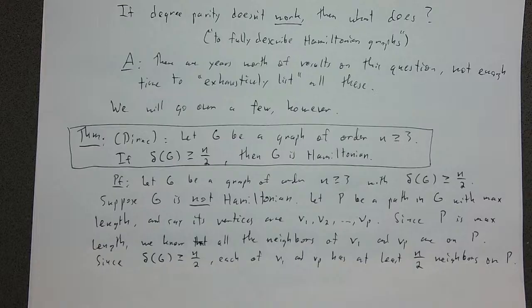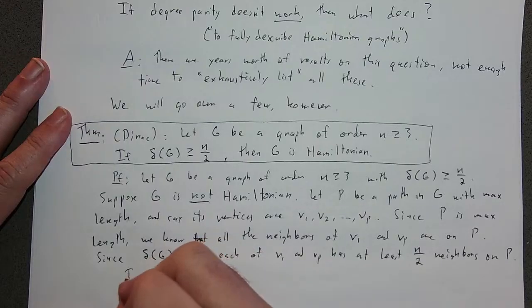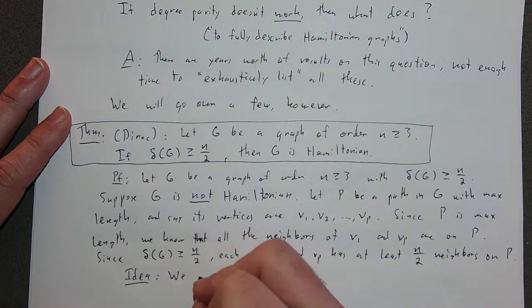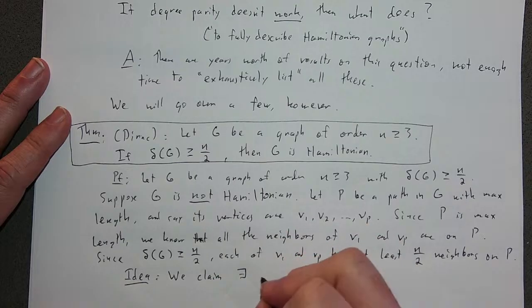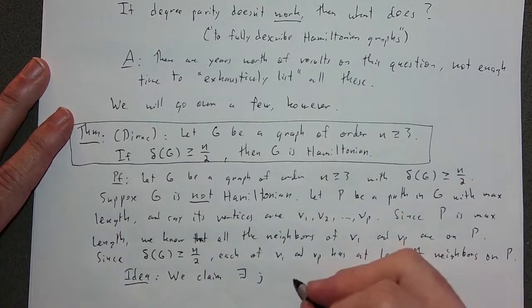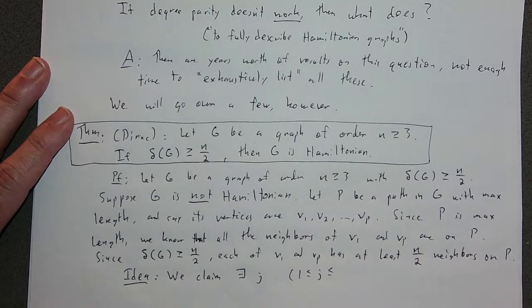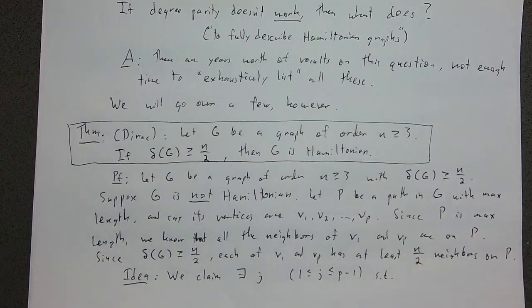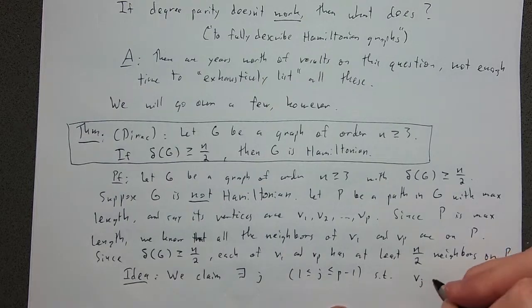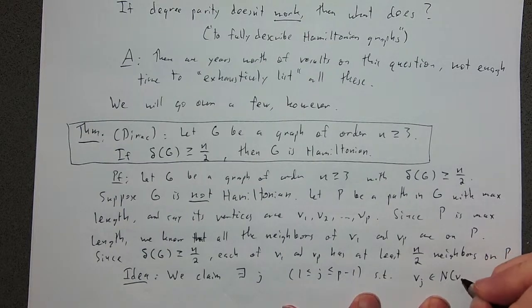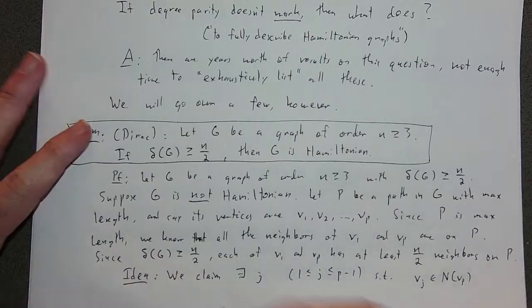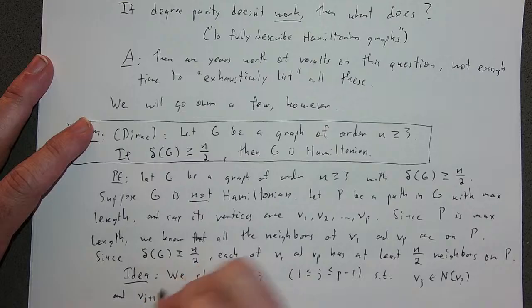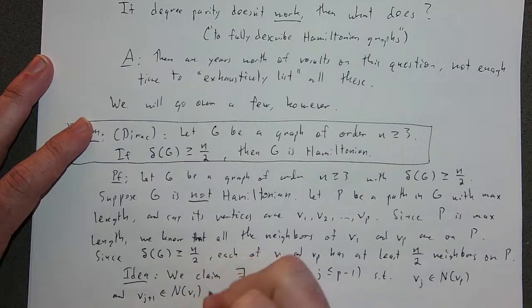Okay. Now, the idea. We claim that there must exist some positive integer j, where j is between 1 and p minus 1, such that v sub j is in the neighborhood of v sub p, and v sub j plus 1 is in the neighborhood of v sub 1.